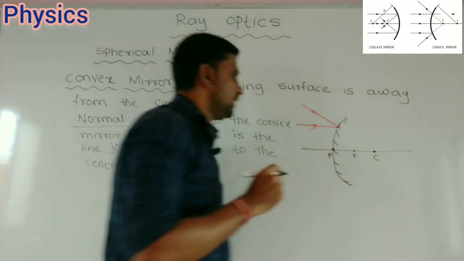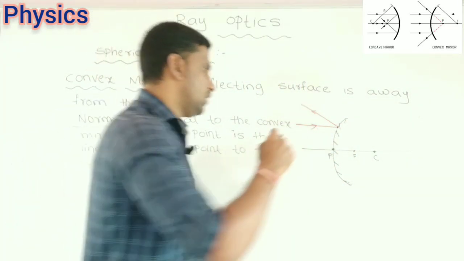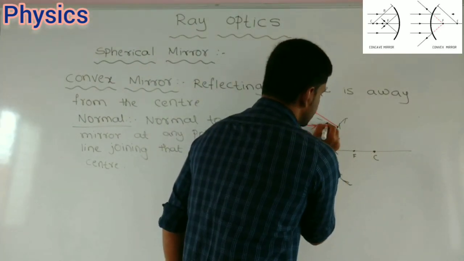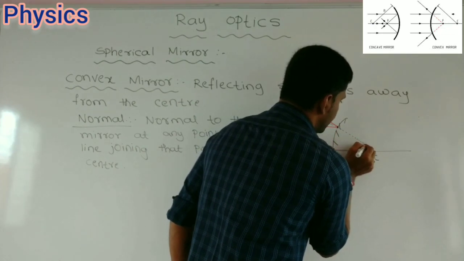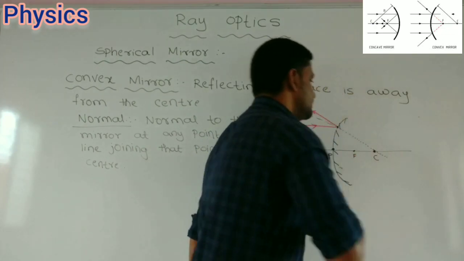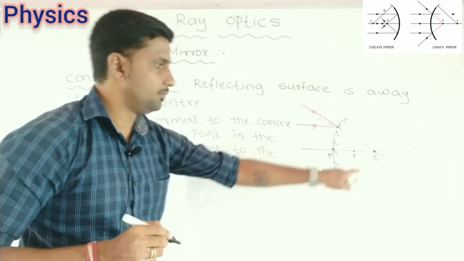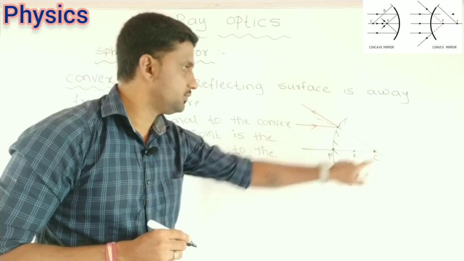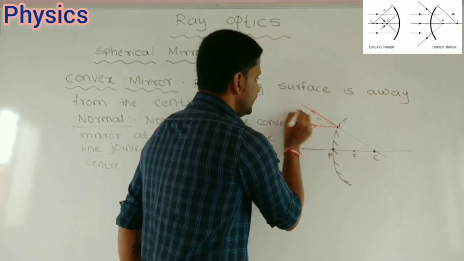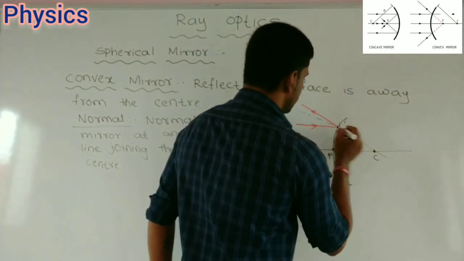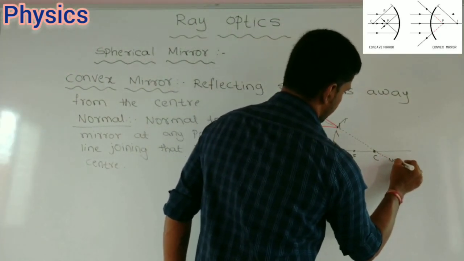I have to draw one line from that point like this, and that line should pass through the center of the convex mirror. Then I can calculate the angle of incidence and the angle of reflection. This dotted line is called the normal.